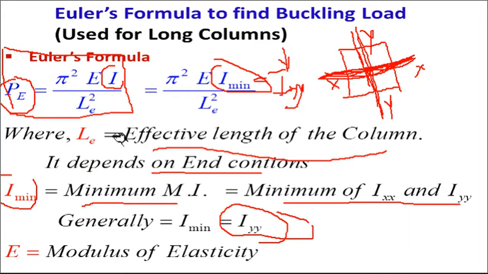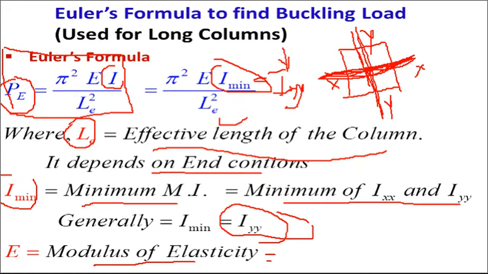According to that, the value of effective length will change, LE will change. And E is the modulus of elasticity, also called Young's modulus. That is in MPa, Newton per mm square, 200 GPa is the value for steel. So the formula for Euler's theory is P equal to pi square EI minimum upon LE square.